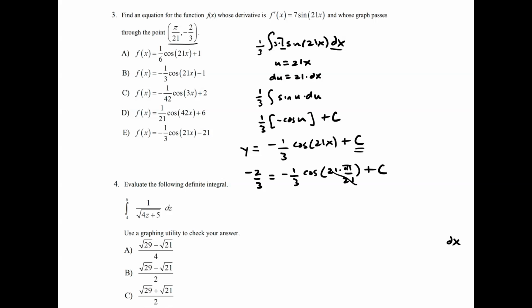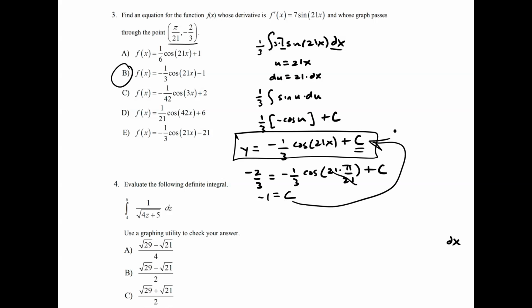The x-coordinate at pi on the unit circle is negative 1. So negative 1 times a negative 1/3 is a positive 1/3. When you take that positive 1/3, you bring it to the left side, negative 2/3 minus 1/3 ends up giving you c is equal to negative 1. So your answer to this question ends up being B, because we're taking our antiderivative and we're plugging in this specific solution for c.